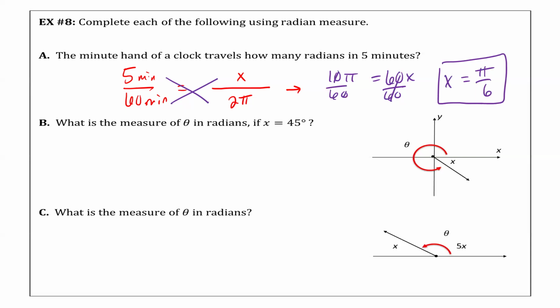Well, it doesn't matter if you got 60x over 10 pi. How did you get 60x over 10 pi? Oh, you're talking about how you set up your proportion?